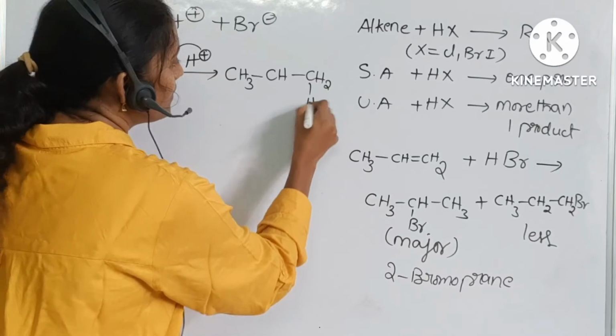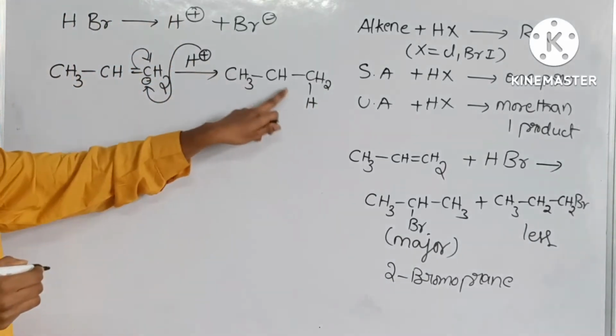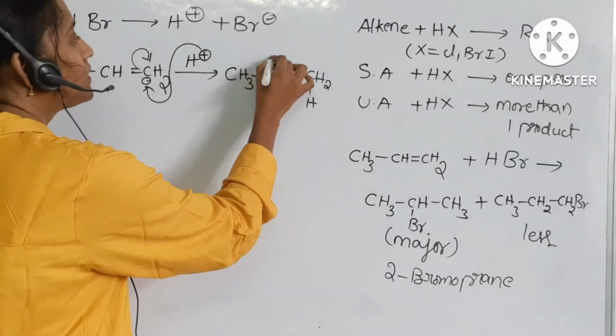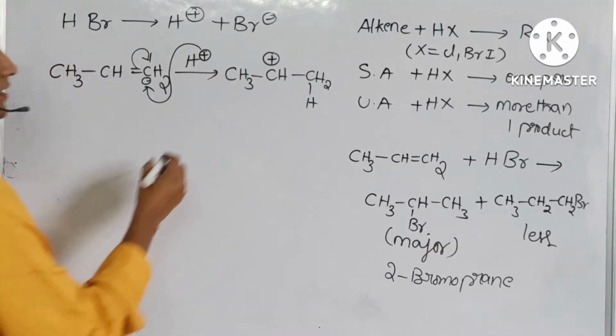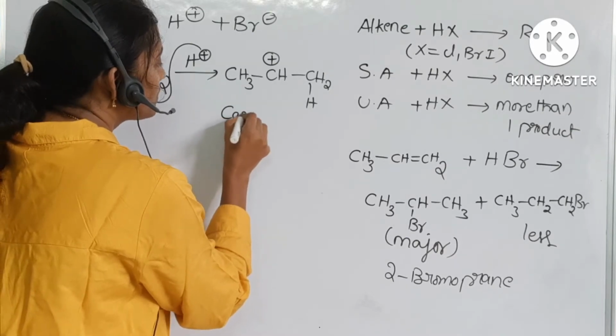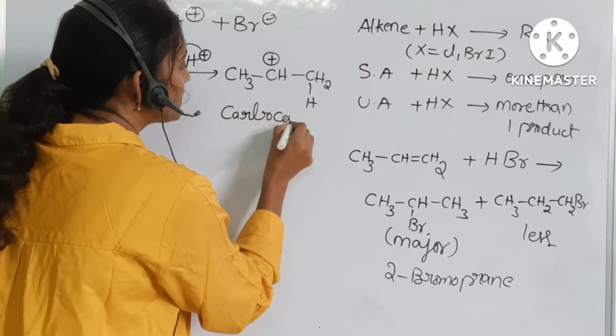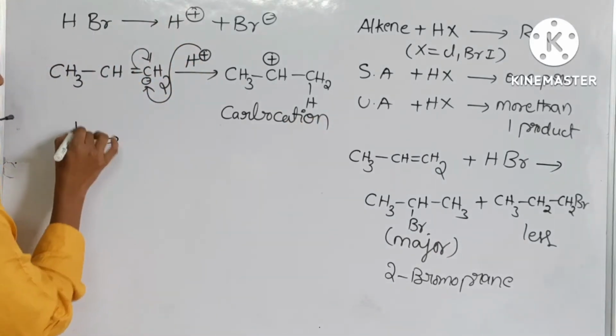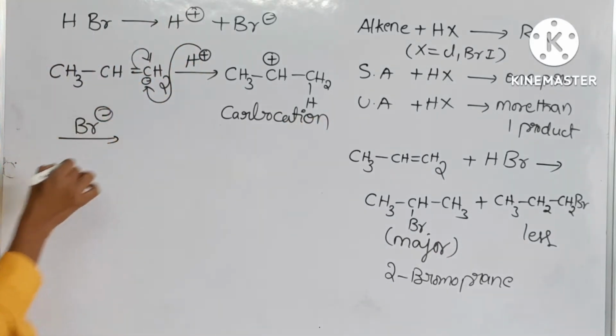See, the H plus ion attacks this terminal carbon atom. Here a positive charge will be generated, and this is the stable carbocation.